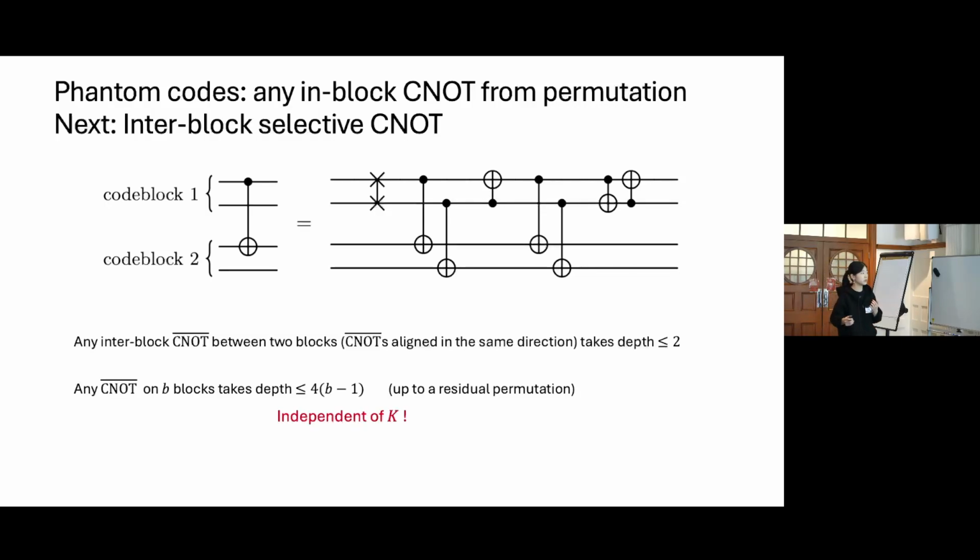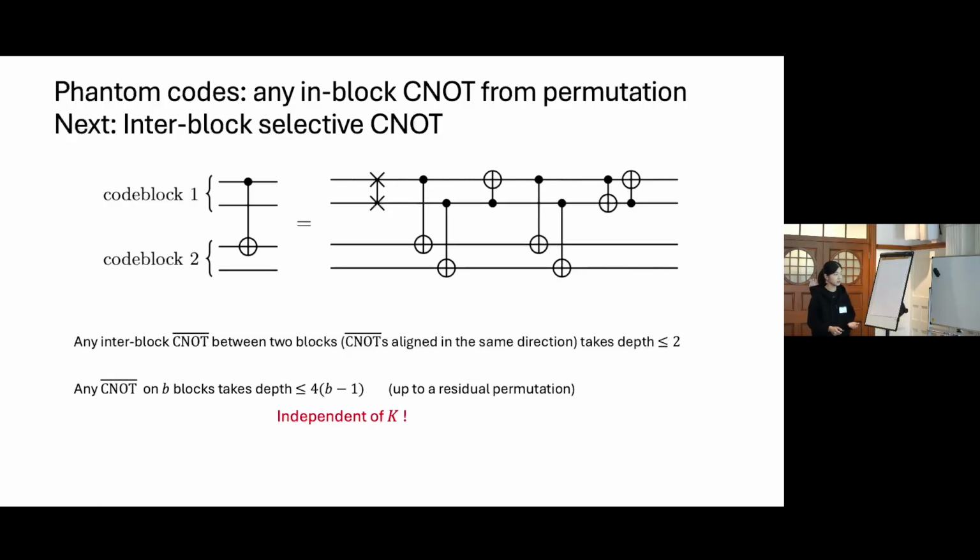And what you can also show is that any CNOT circuit, again, no matter how complicated it is, on B blocks of the same phantom code, takes only this many steps to implement. And you can see that the number of steps is independent of how many logical qubits your phantom code is encoding.